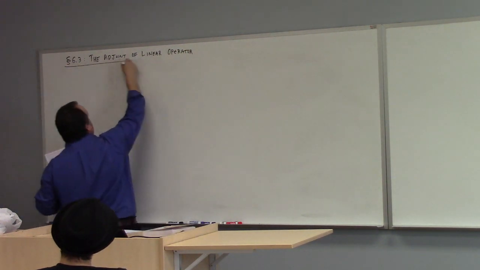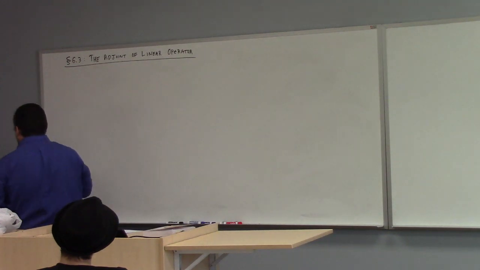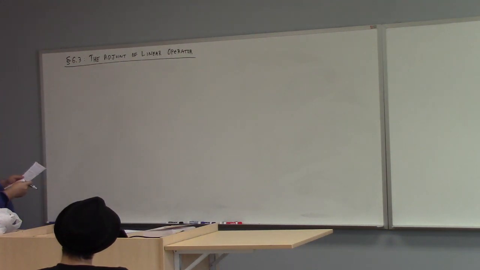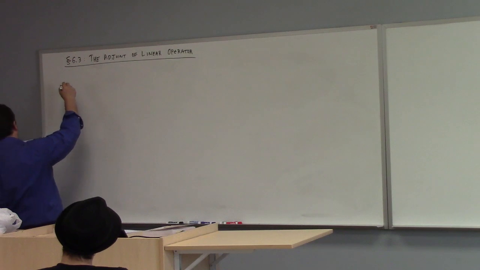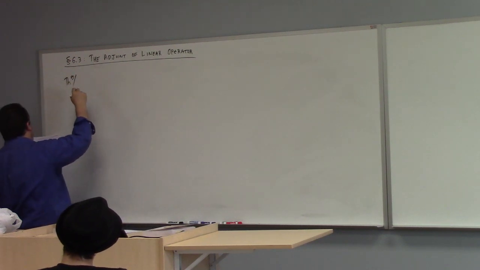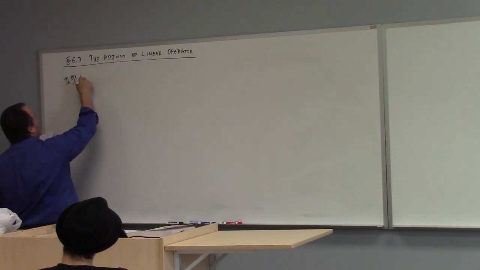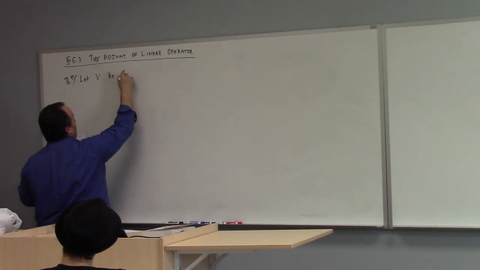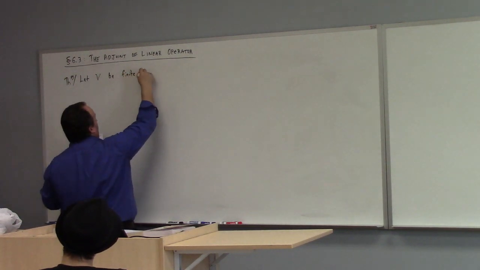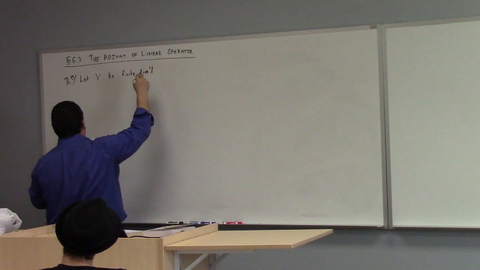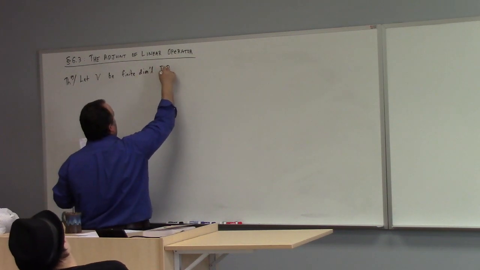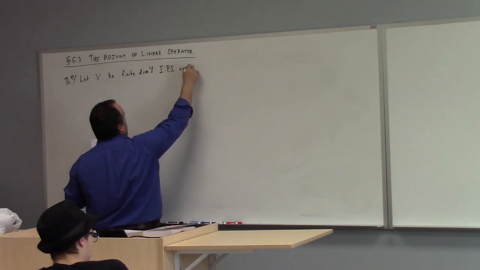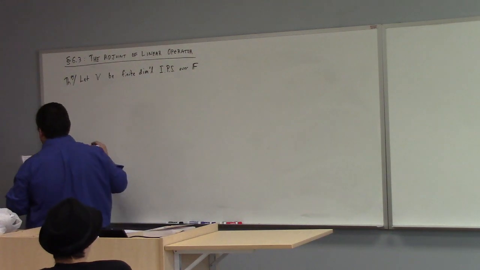So we'll begin with a theorem, and here's how it goes. Let V be a finite dimensional inner product space over a field F, all right?